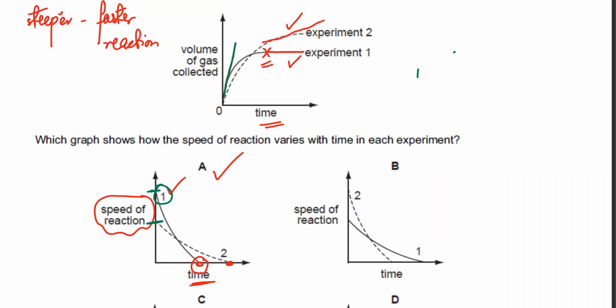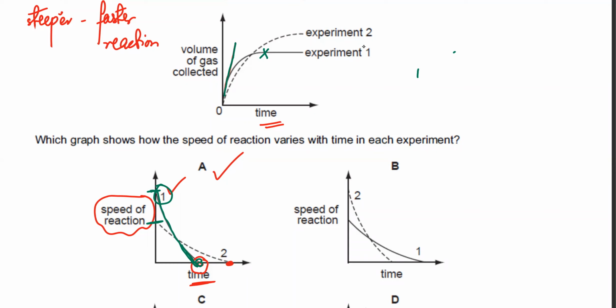But which reaction stops early, experiment 1 or experiment number 2? Experiment 1. Because in experiment number 1, the volume of H2 stops increasing at this point, so it stops a lot quicker. Experiment number 1 is faster, but the speed of the reaction goes to 0, or completely stops, a lot earlier compared to experiment number 2. Do you get this?